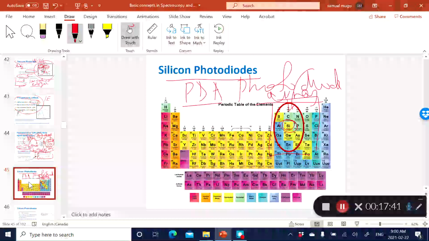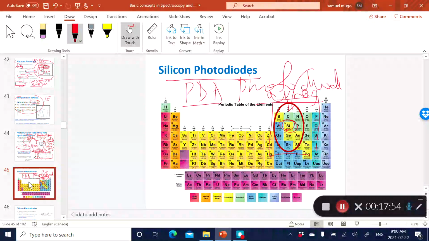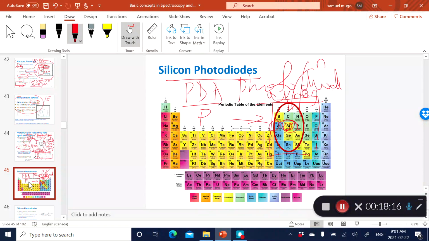Okay. But take note of this, the way it works with these photodiodes, and maybe some of you have heard about the PN diodes, they refer to the silicon being doped with, say, something like aluminum. And that would be a P-type diode. Whereas silicon doped with, say, phosphorus, which is in group 15, is referred to as the N-type diode. And you can see what's happening.